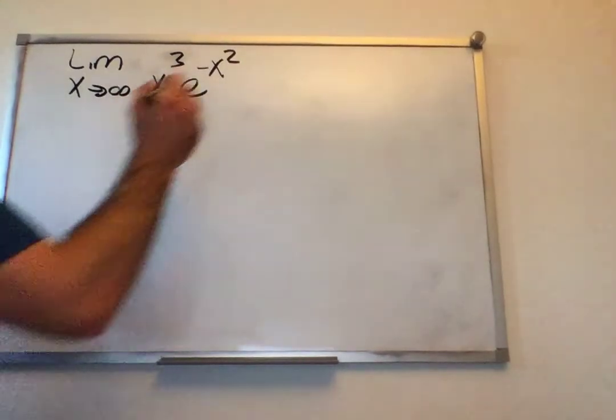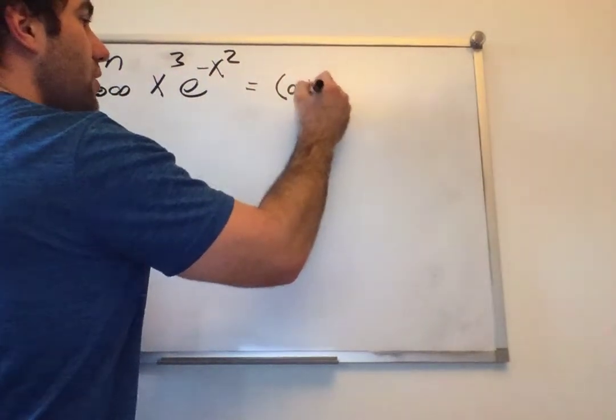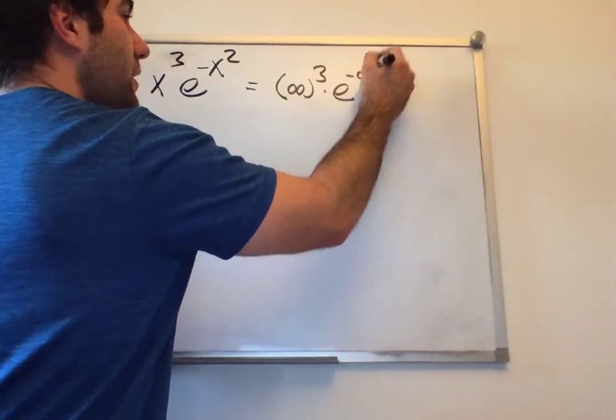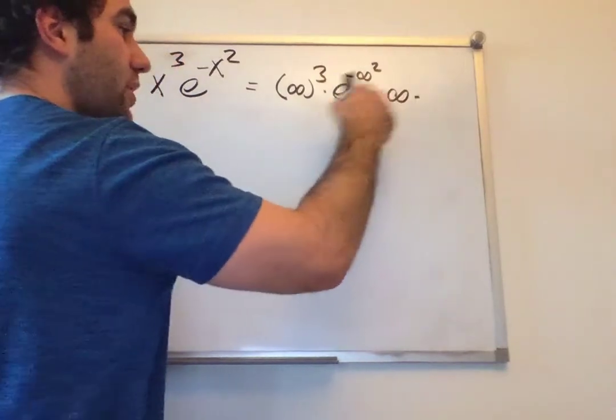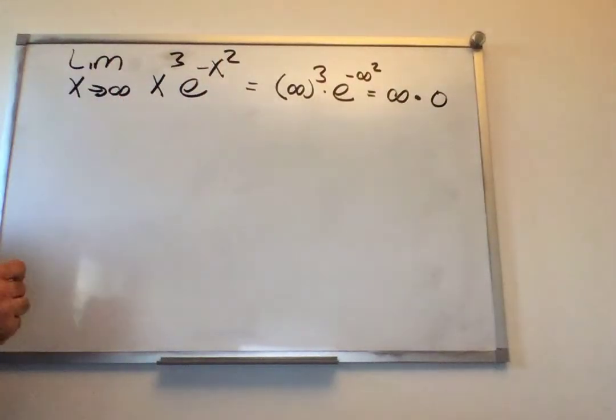Now if I were to plug infinity into here, this would be infinity cubed times e to the negative infinity squared. This part's infinity times this part is 0. So we have an indeterminate product.